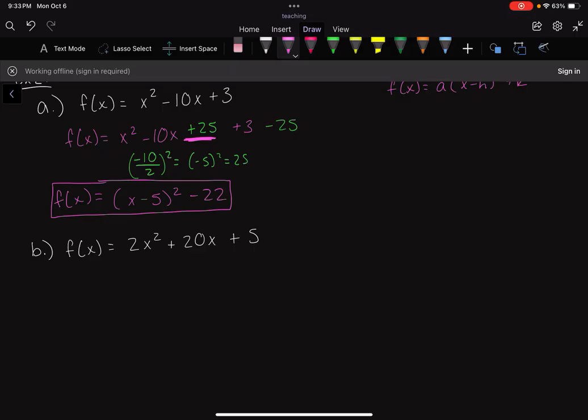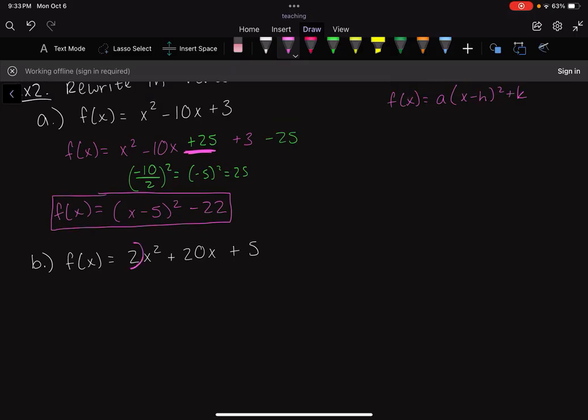Now this one can be a little tricky because the first thing we need to do is factor out the a value. I don't want to factor it out from the whole thing. I'm just going to factor it out from the stuff with x. The reason is because that 5 is only going to affect the k value at the end, so I'm just going to write it off to the end.